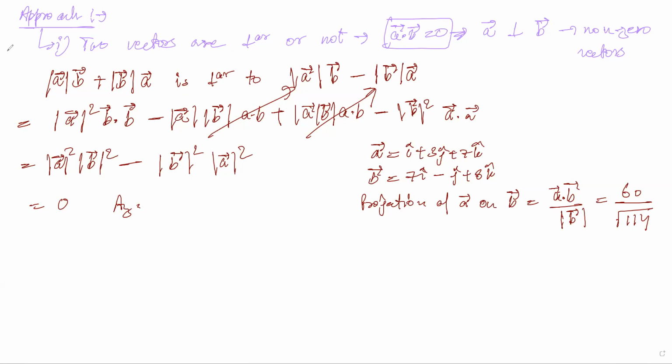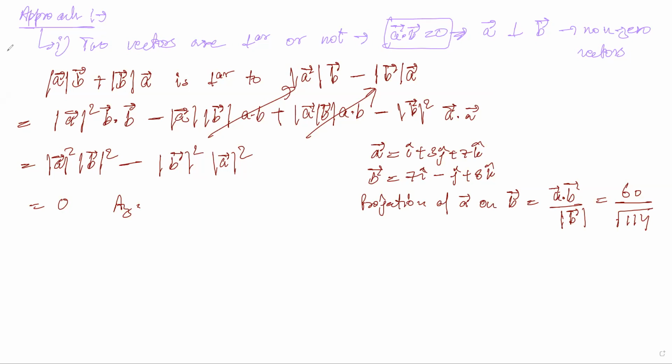Mod b is equal to 2 root 2 by root 63. And in that case, mod a will be 16 root 2 by 3 root 7.